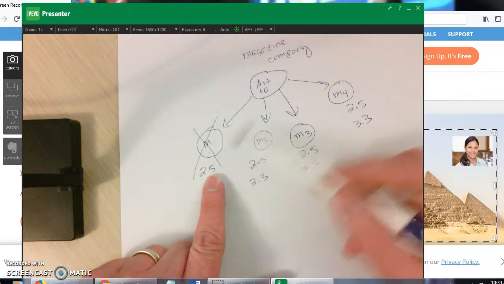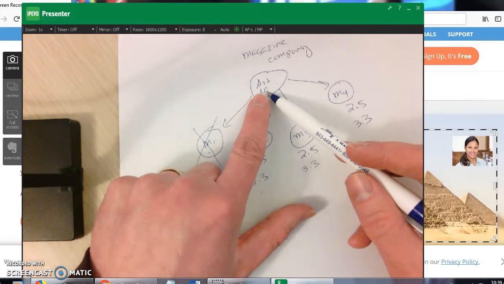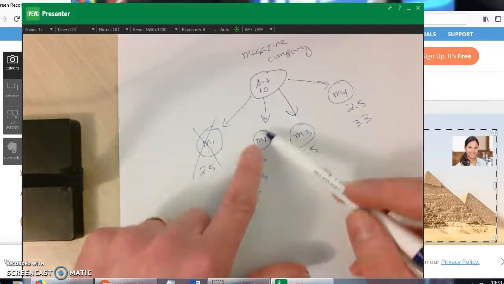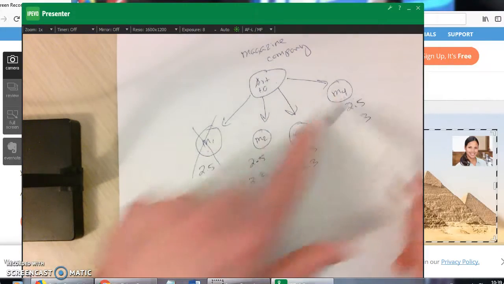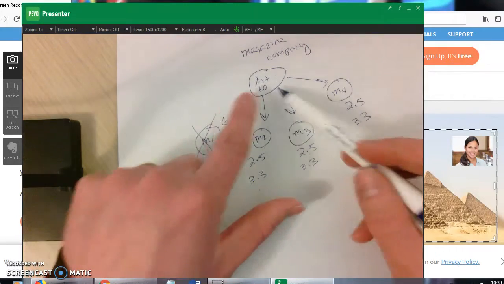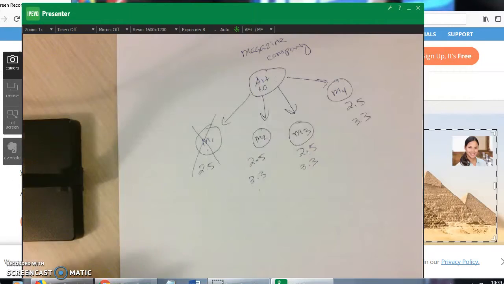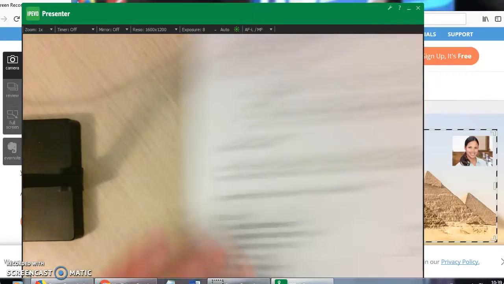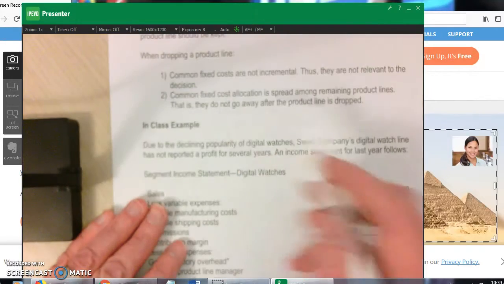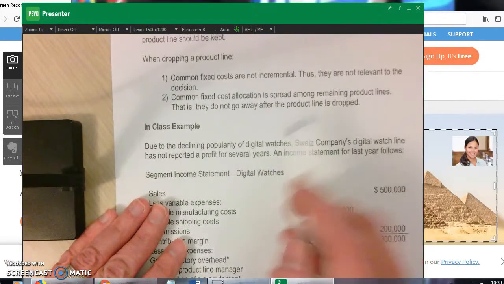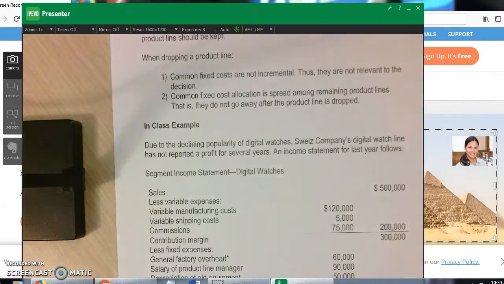And no, it doesn't, because at the organizational level, this is a fixed cost, and that fixed cost will be just spread out over these remaining magazines. And so in that reason, it just doesn't matter. Okay? So that's what we're saying over here. We say those common fixed costs will just be spread among the remaining product lines, and so therefore those costs are just not going to be relevant.